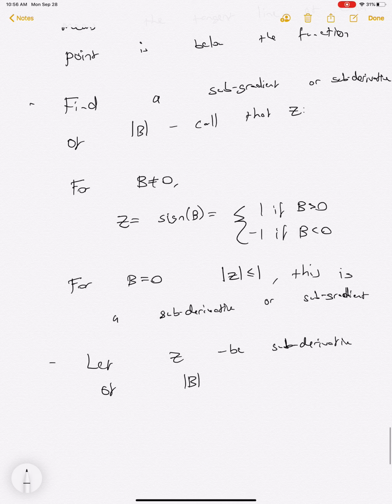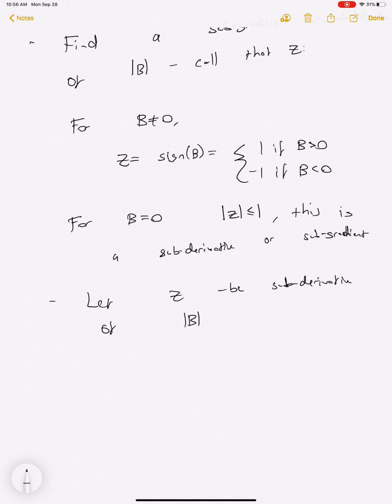So we know that z is equal to 1 if b is bigger than 0, -1 if b is less than 0, and it's in -1 to 1 if b is equal to 0.